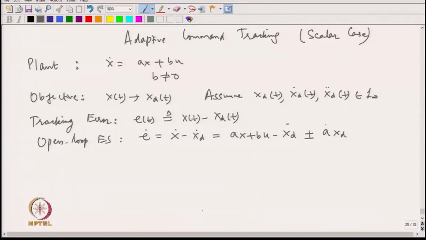So, it just helps to make the analysis easier, but does not change anything mathematically. So, e dot is Ae plus Bu plus A x_d minus x_d dot.